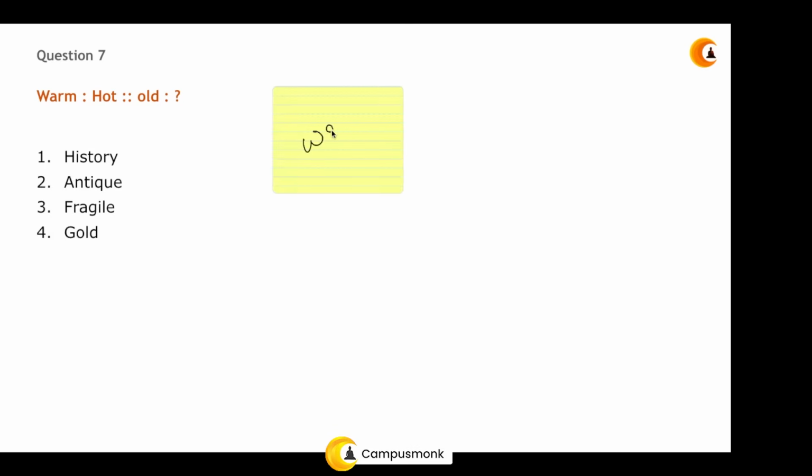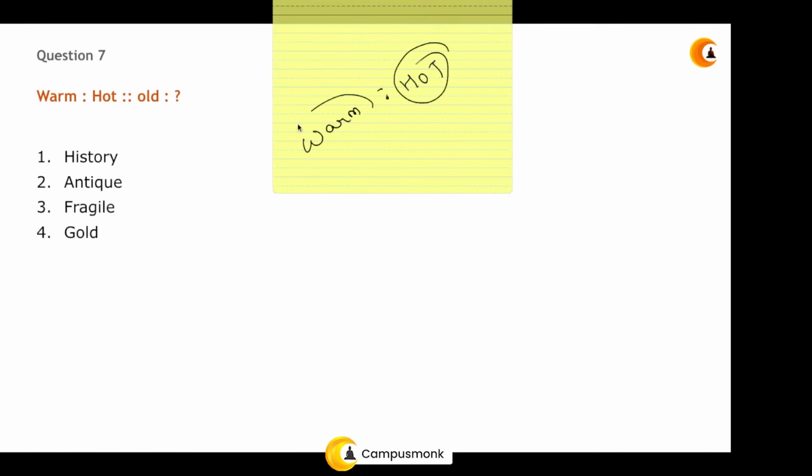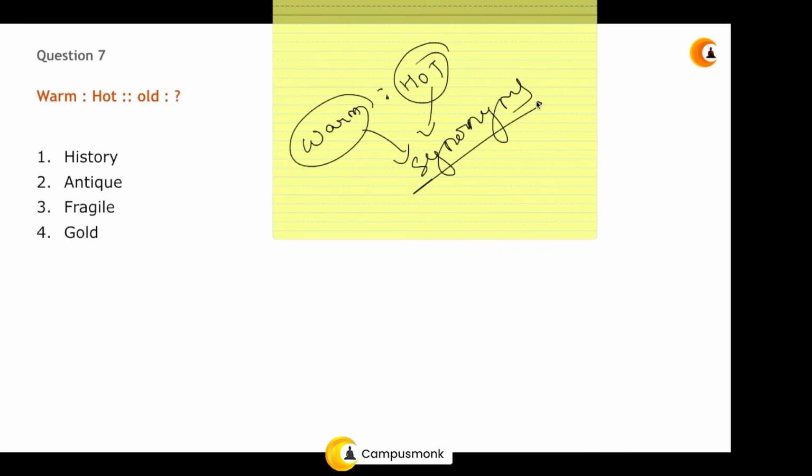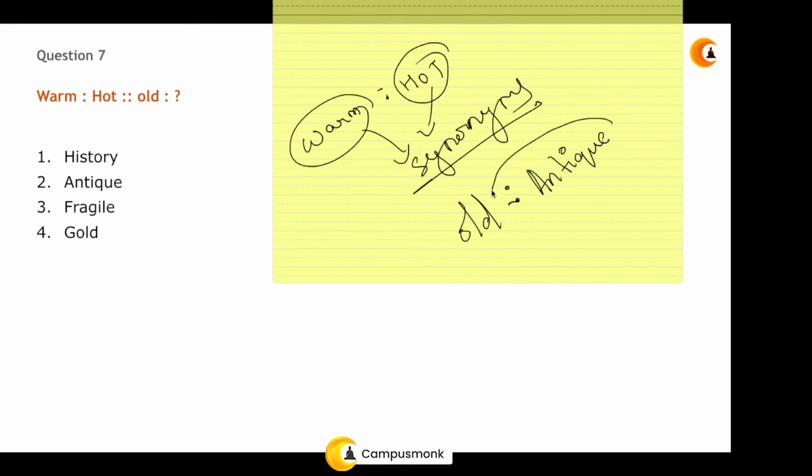If you consider warm is to hot, they both are synonyms. Right? So what will be another synonym of old? It will be antique. Don't you say the museum had a lot of antique collection?